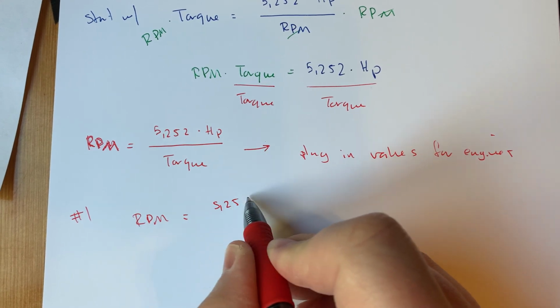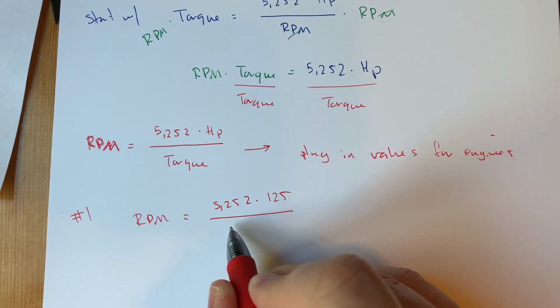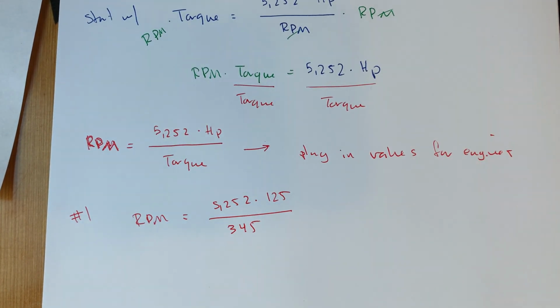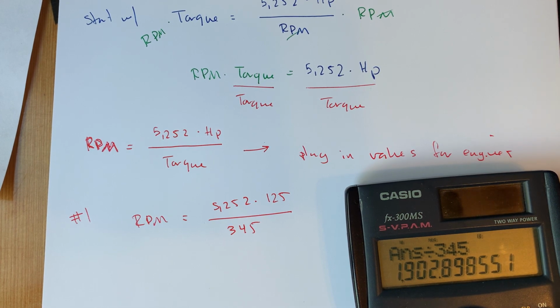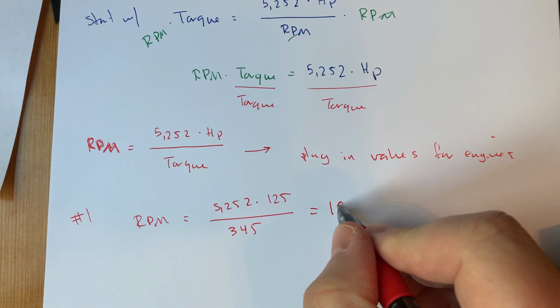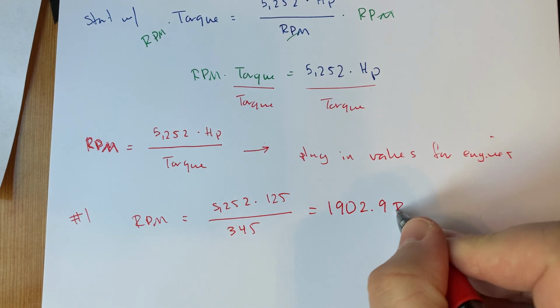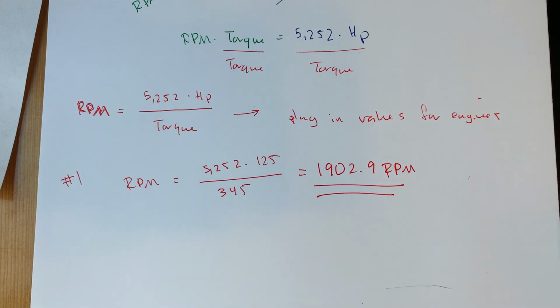So 5252 times my horsepower, which was 125, over now my torque, which is 345. 5252 times 125 divided by 345. 1902.9. So 1902.9 RPMs. So that's engine number 1.